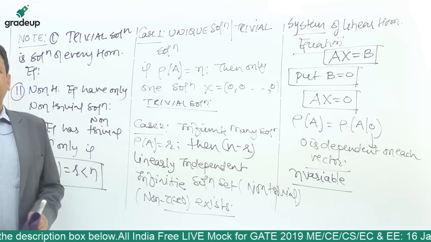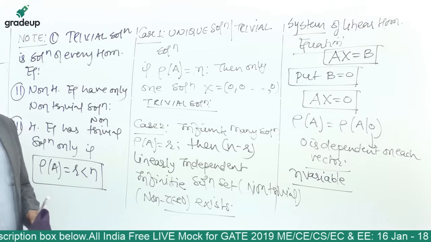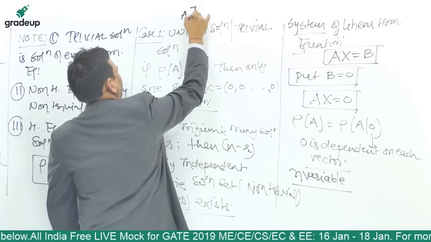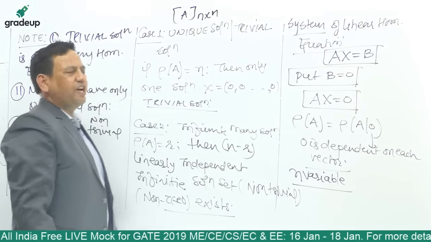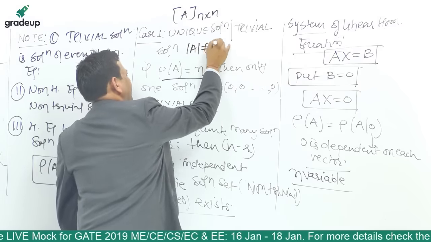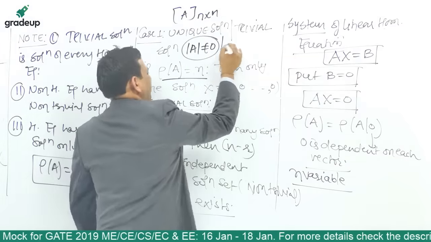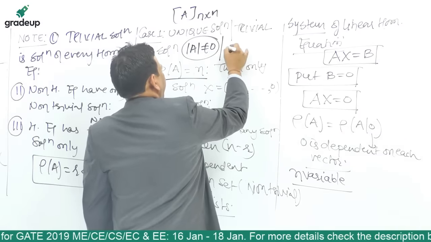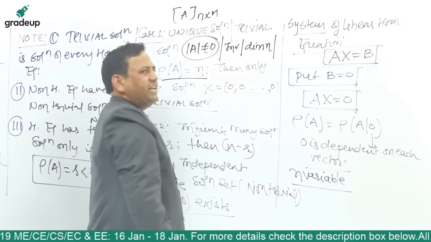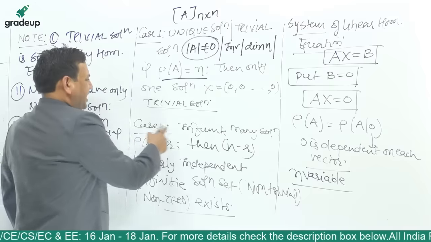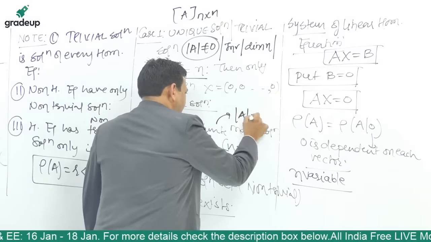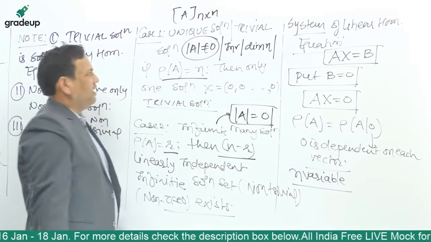For the non-trivial case, I have not talked about the determinant yet, so I will talk about it now. Suppose A is an n cross n matrix. If the determinant is not equal to 0, it is an invertible matrix of dimension n, with n linearly independent vectors. If we are saying infinitely many solutions, the rank should be r, so the determinant should be equal to 0, the matrix being singular.